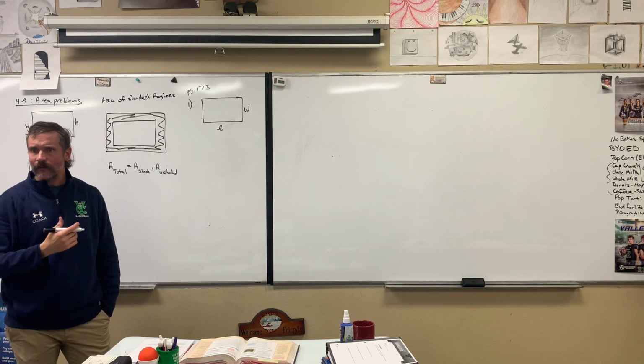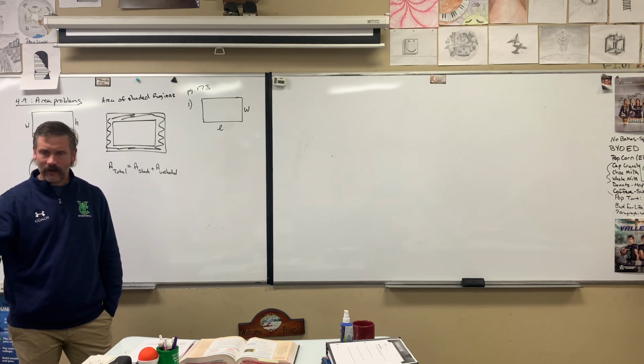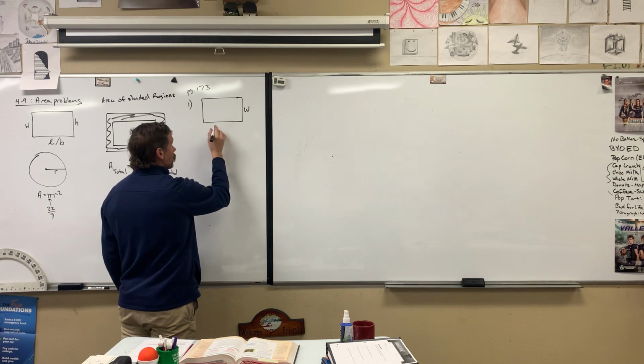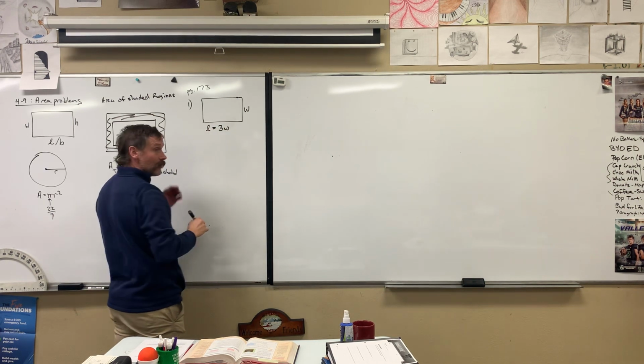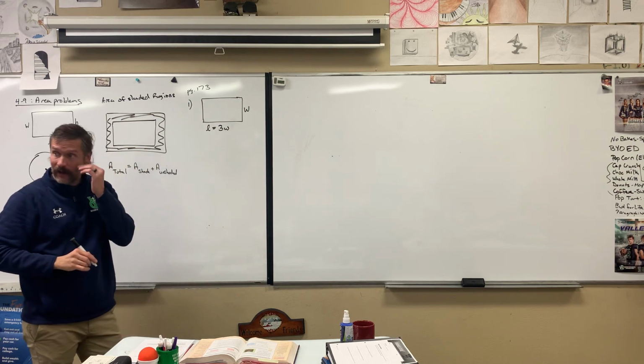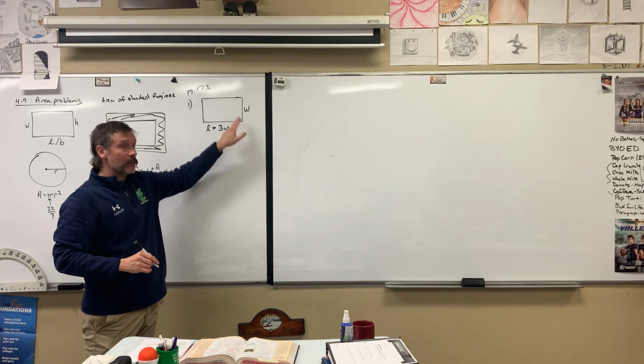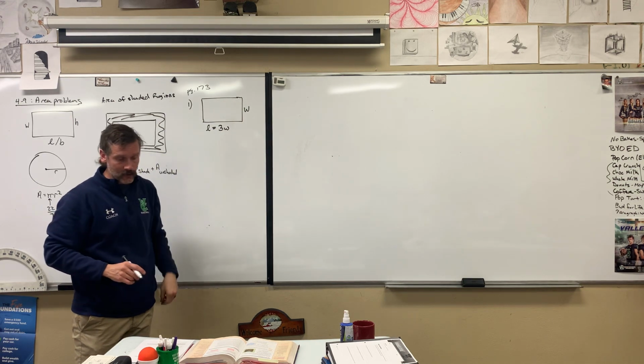Is there a way to write one of those variables in terms of the other? Yeah, Catherine. For length, you could go 3W. Okay, so L is equal to 3W because the length is 3 times the width. I like it. So now I have 3W for here and W for here, one variable being used.